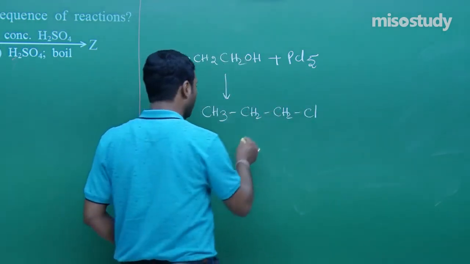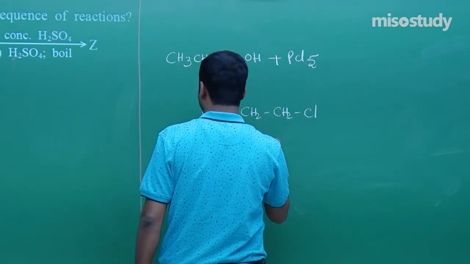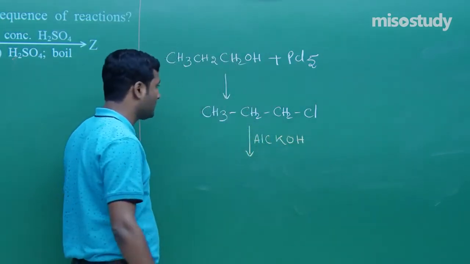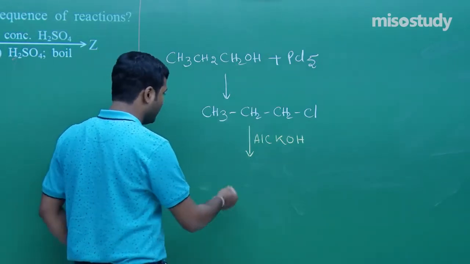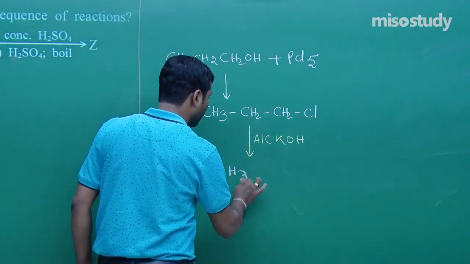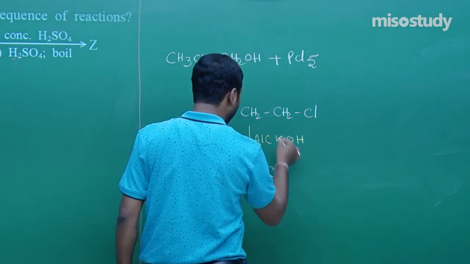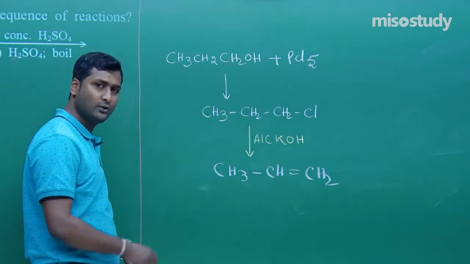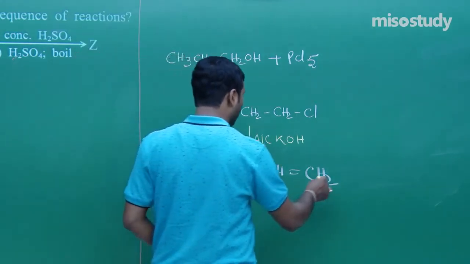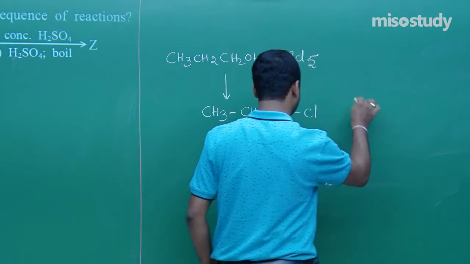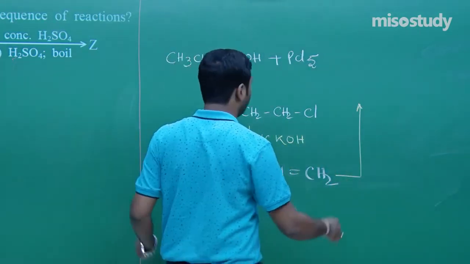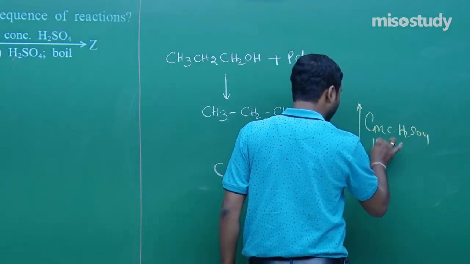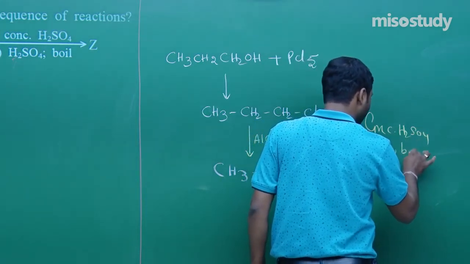Okay. Now in presence of alcoholic KOH, what will happen? Sir, it gives you CH3 CH, Cl from here, H from here, that is CH2. Clear to you? Now this on further treatment with concentrated H2SO4 and H2O boil, then what will happen?